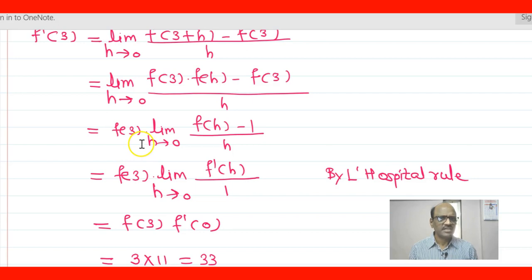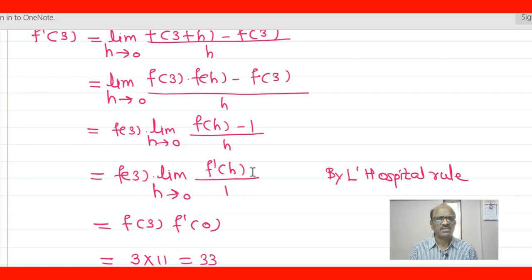Therefore, f(3) times the limit as h tends to 0 of (f(h) − 1)/h. Now by applying L'Hospital's rule, differentiate the numerator and the denominator: the derivative of f(h) is f'(h), and the derivative of h is 1. Therefore, the limit as h tends to 0 of f'(h).